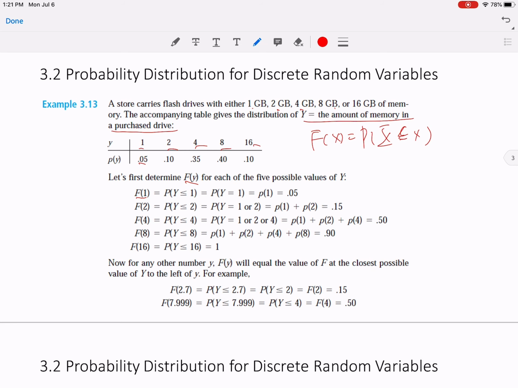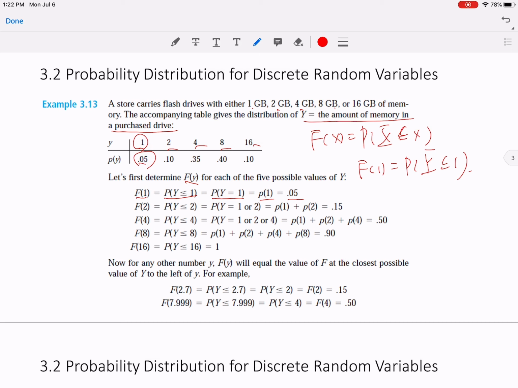So of course, F of 1 would be equal to the probability of y less than or equal to 1, just like what we have over here. And since we only have one number for y less than or equal to 1, which is 1, this is equal to the probability of y equal to 1, which is p of 1, which is 0.05.